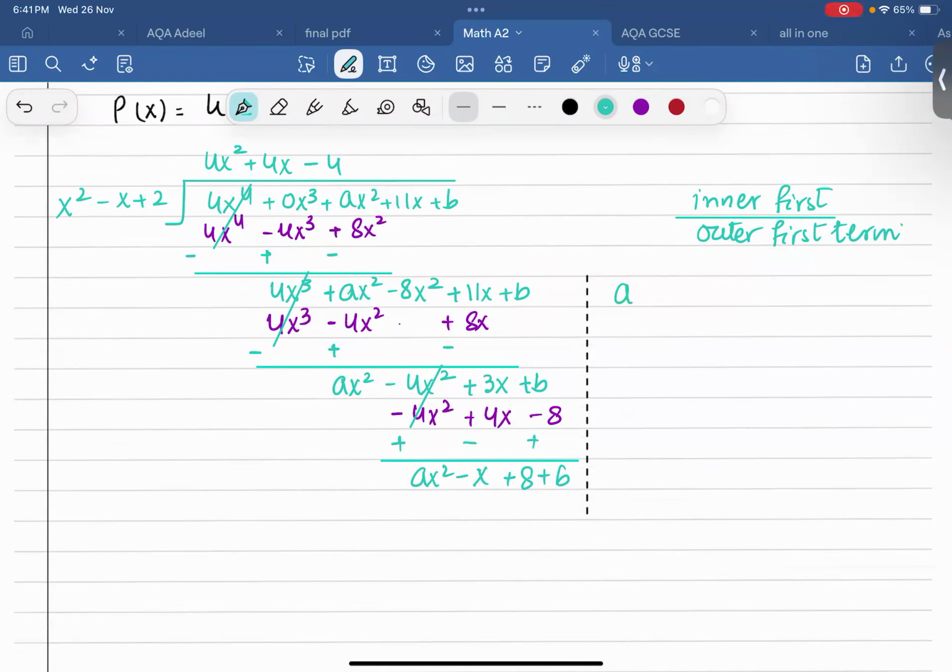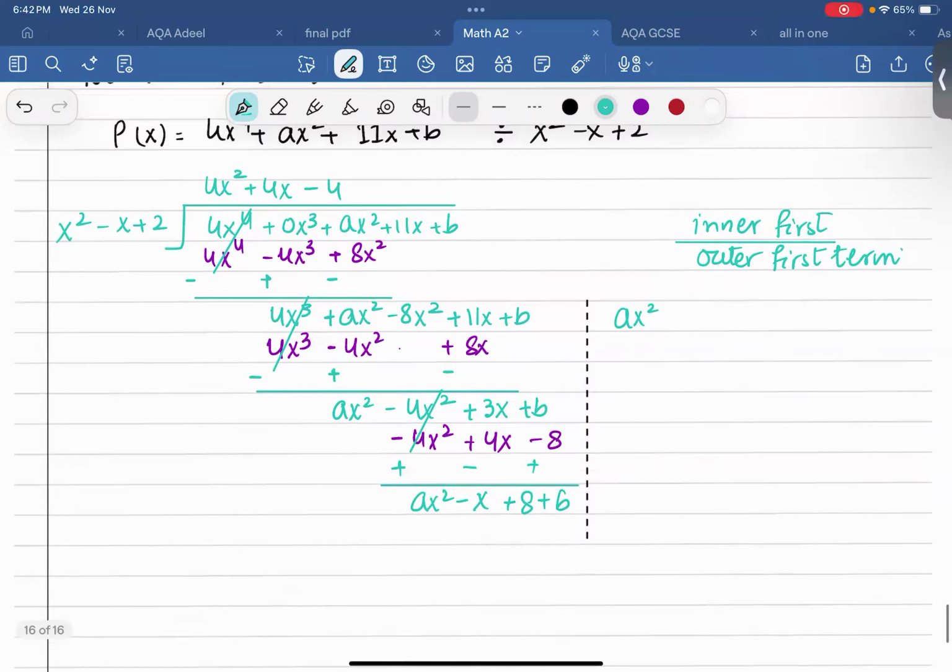So I can say that ax squared is equal to zero, so a should be zero, and the second one would be x squared.